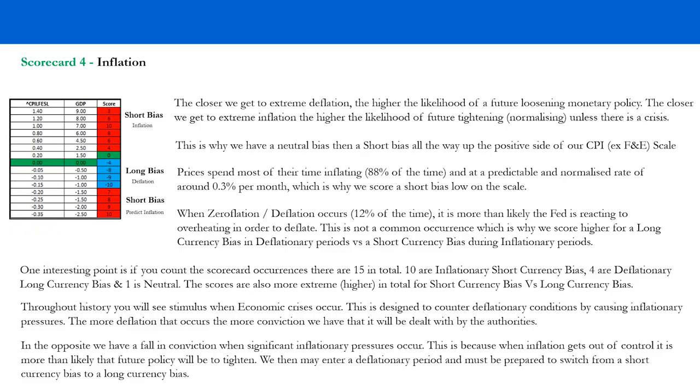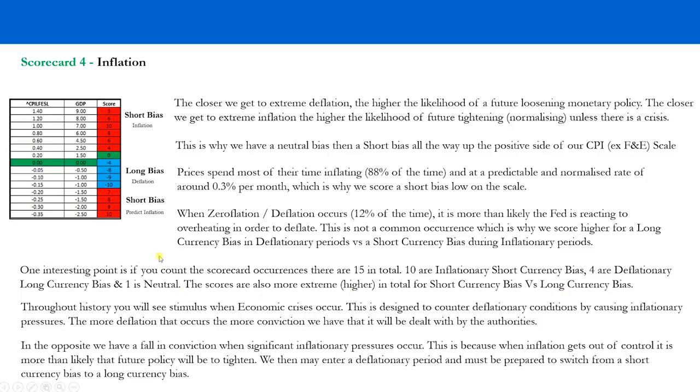And when you look at the scores for short currency bias, they're slightly more extreme when you add them all up. So when we add up these and these, we have more extreme situations overall than extreme situations in the deflationary zone.